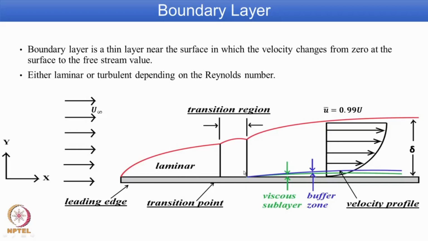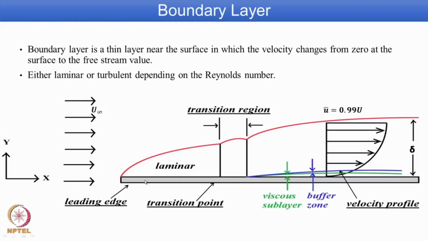Now, in this case the Reynolds number, we use velocity as an incoming velocity, and the length scale is a distance from the leading edge. Obviously, if you are very close to the leading edge, the Reynolds number is small, and if you go very far, the Reynolds number is high, the flow actually becomes turbulent.